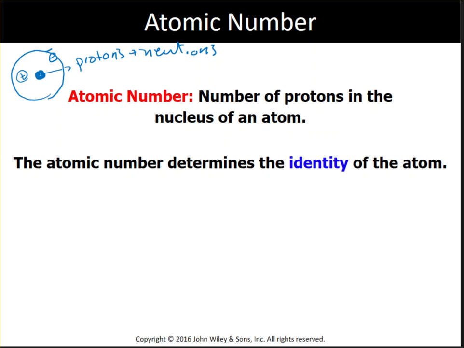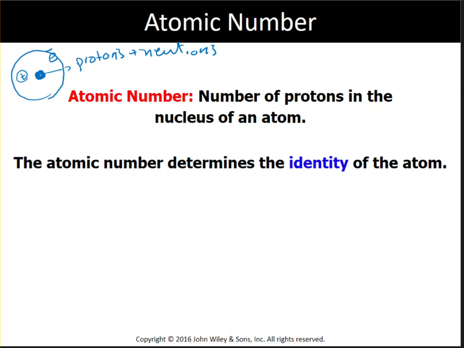Now, since the nucleus is in the center of the atom, and I just said that the nucleus is very small, very dense, and it's hard to even get to the nucleus and make changes in the number of protons and neutrons, the number of protons will actually define what type of element you have.